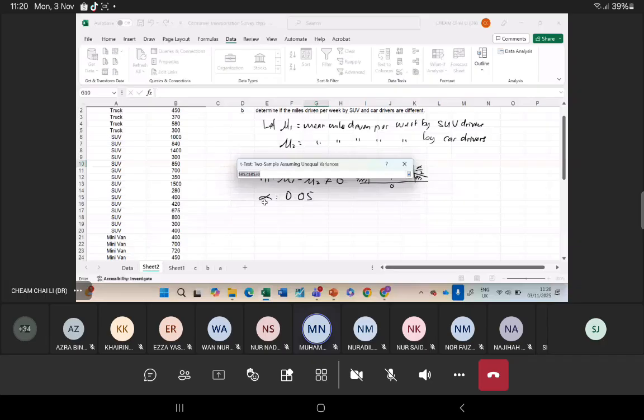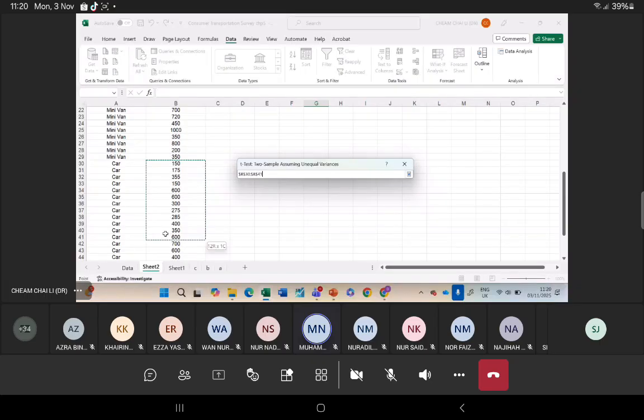Okay, earlier we did not select the label, so we just ignore this part. Alpha, 5%. Output range, yeah, we put it next to the graph. Later class, if you have done this, you just click OK, right? So you dah dapat you punya result.